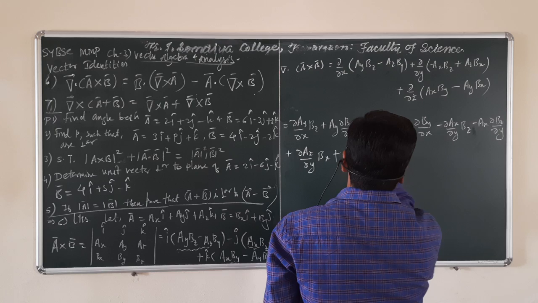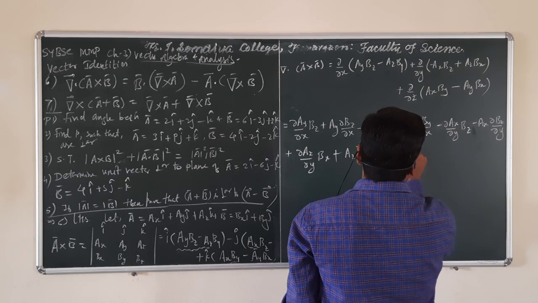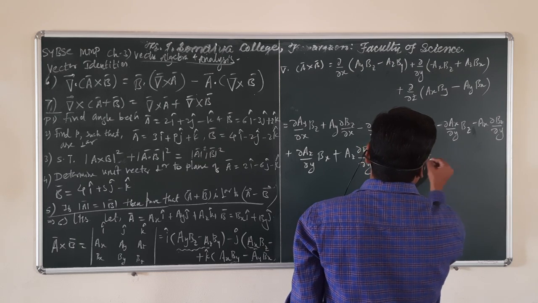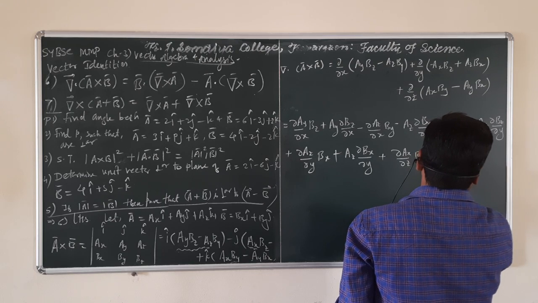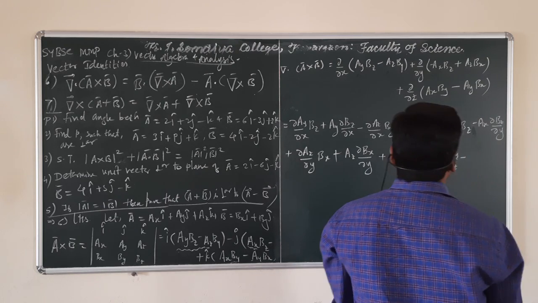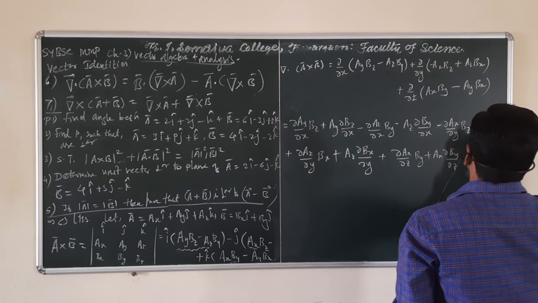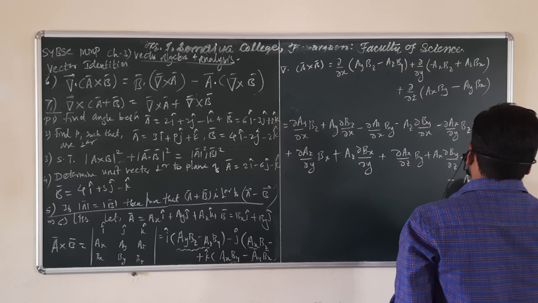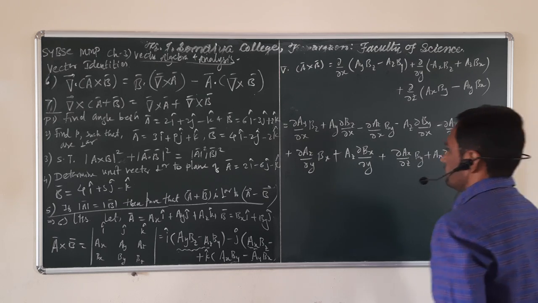Plus here we differentiate this term: partial derivative of ax with respect to z, by, plus ax partial derivative of by with respect to z, minus partial derivative of ay with respect to z, bx, minus ay partial derivative of bx with respect to z.